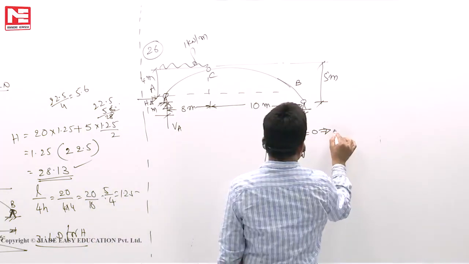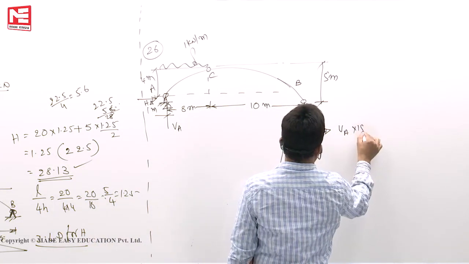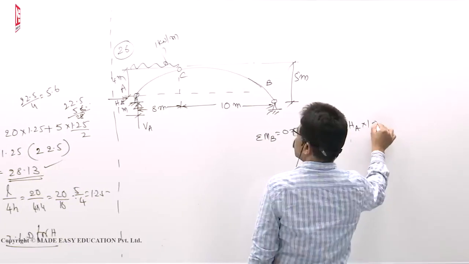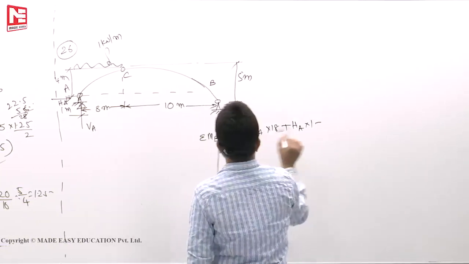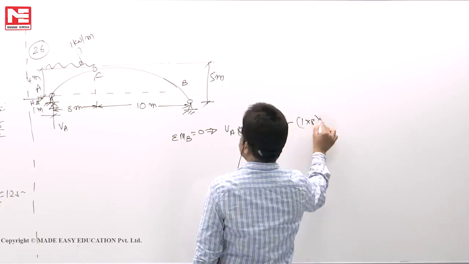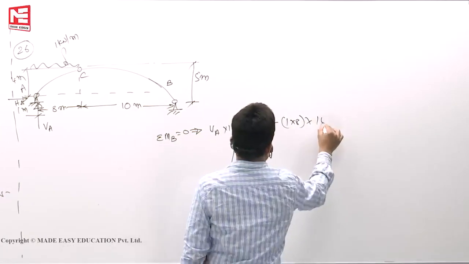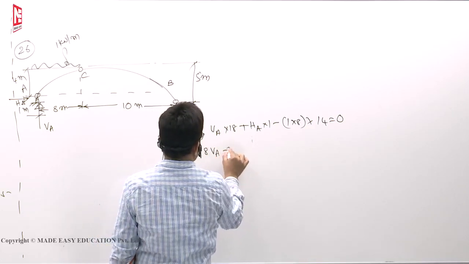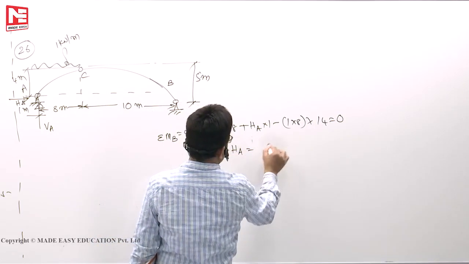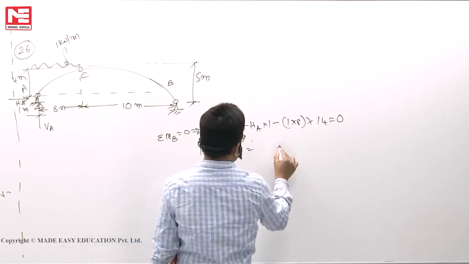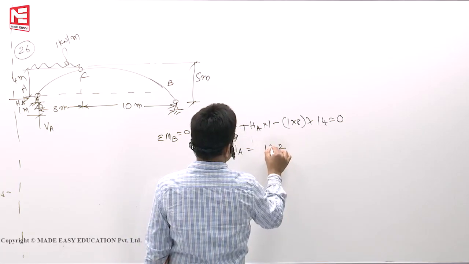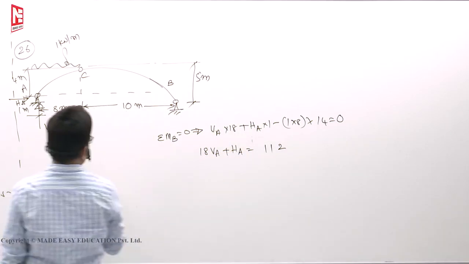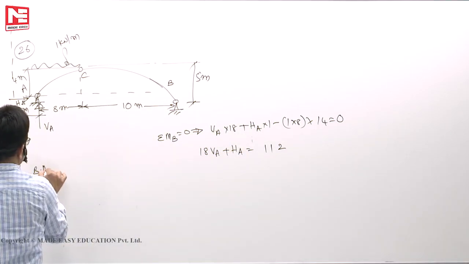So plus VA into 18 plus HA into 1 minus 1 into 8 into, so 10 plus 4, 14, must be 0. So 18 VA plus HA is equal to 14 into 8, 112.